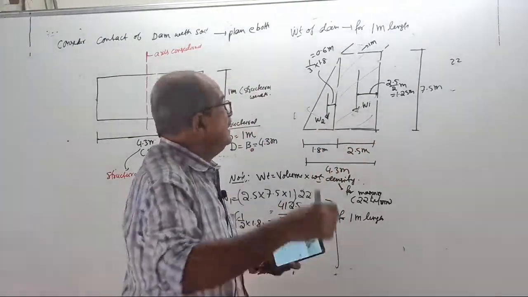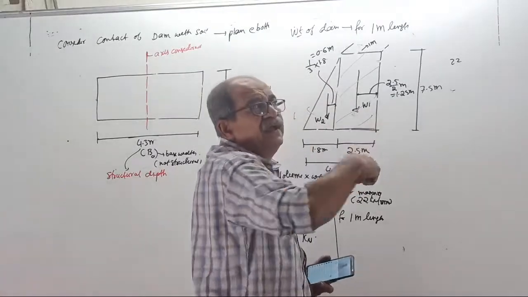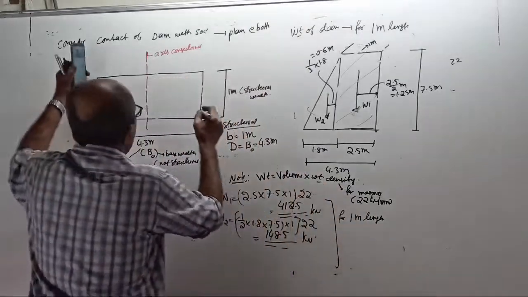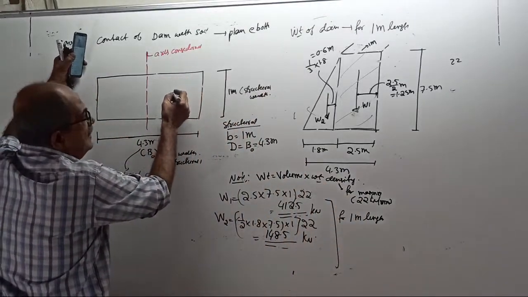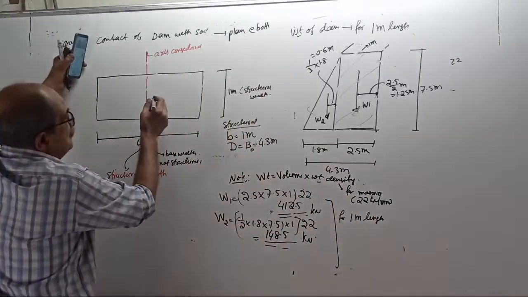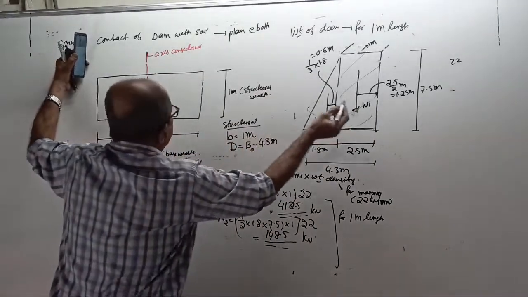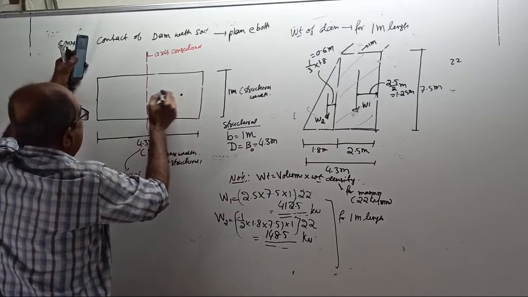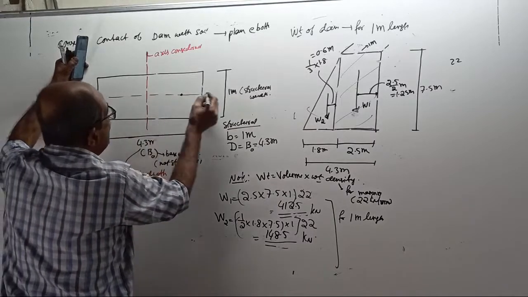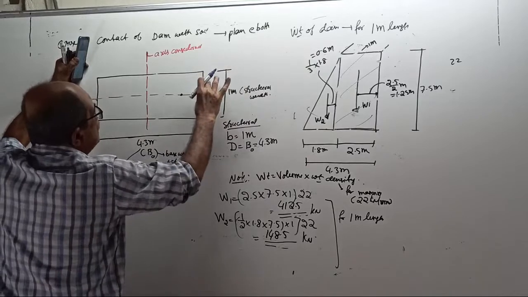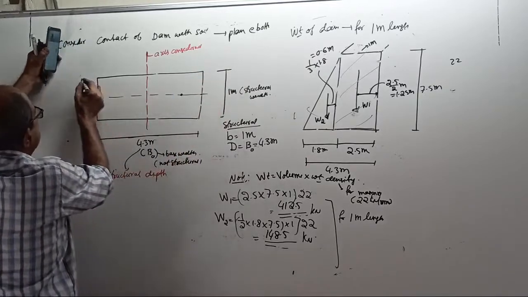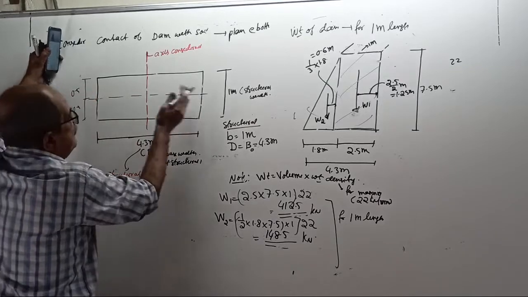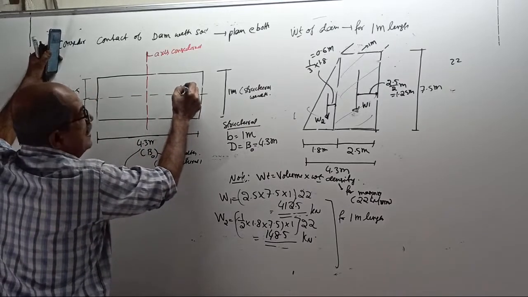If I go inside by 1 meter, at what length? 0.5 meter. So two loads are there. I will put the two loads here. Your W1 is acting along this center line. Why? It is 1 meter, so these are 0.5 each, passing through the center. And this is your W1.